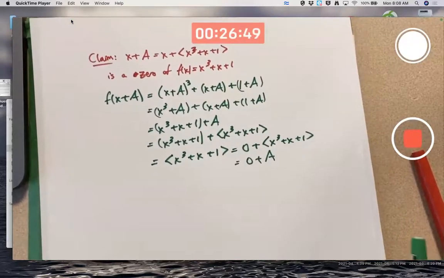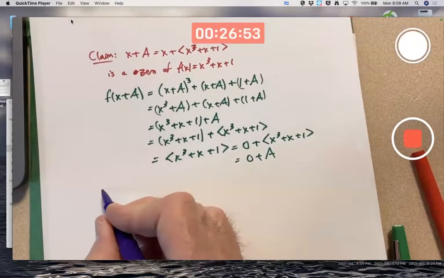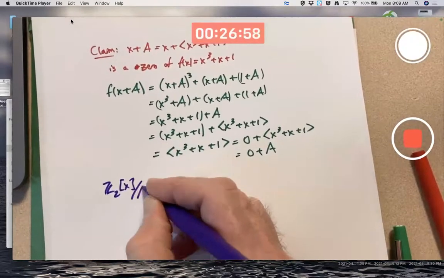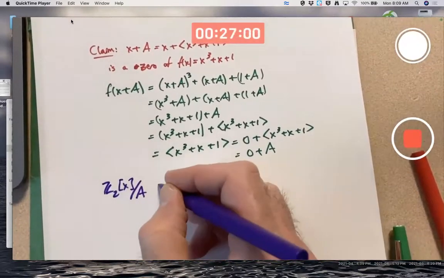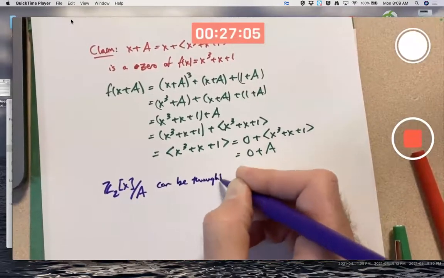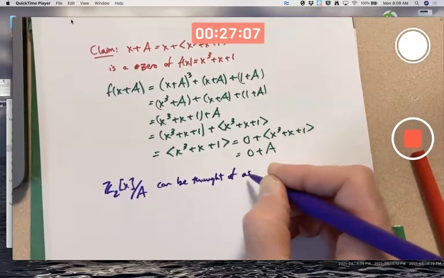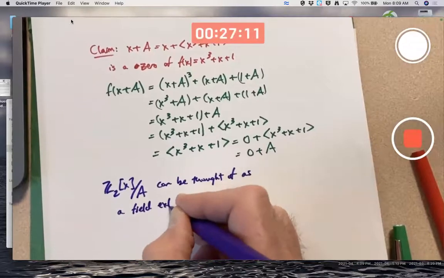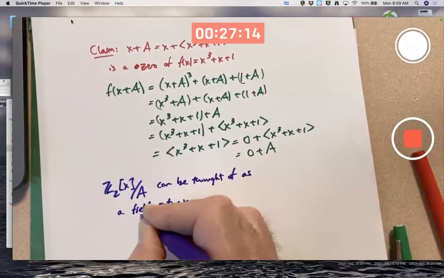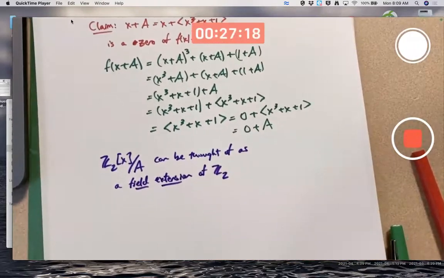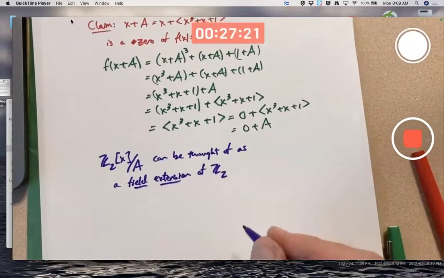Here's something else to think about. This thing right here, this field, can be thought of as what's called a field extension of Z2. What does that mean?